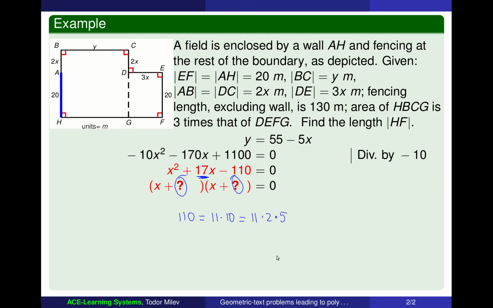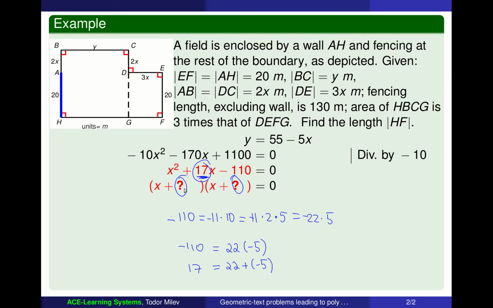Can we somehow group these into two groups? So I think I could write this as 22 times 5. So if I take minus 110, I could rewrite that as 22 times negative 5. And it seems to me that if I take 22 plus negative 5, that's going to be exactly equal to 17, I think.